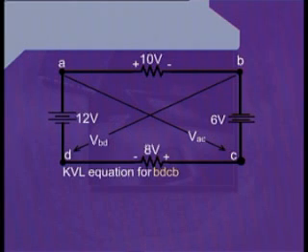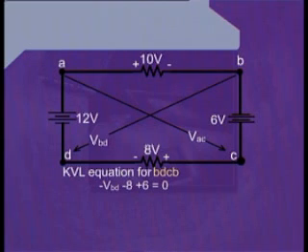Starting from the point B and looking towards the point D, we can see that once again there is an imaginative voltage source VBD. Therefore, we will write minus VBD.